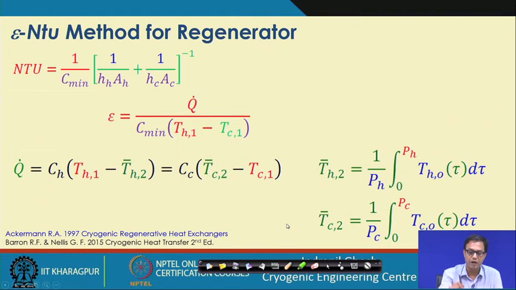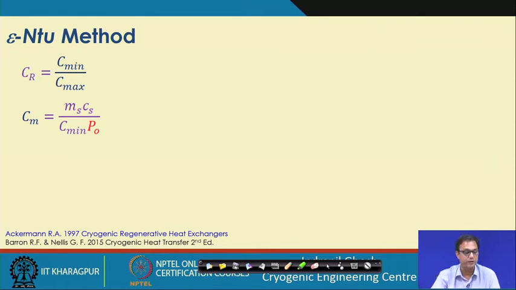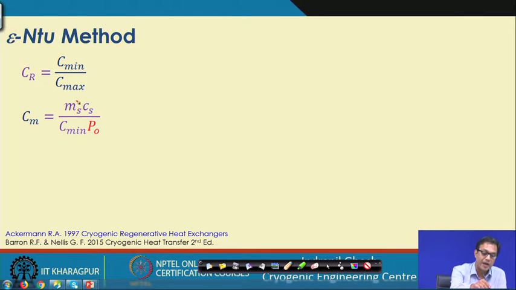Now, if we look into this epsilon-NTU method, we have other parameters like CR, as we have said, the ratio between C min and C max. In addition to that, we have another parameter in this case, which is called the matrix heat capacity ratio. So, this is a ratio.